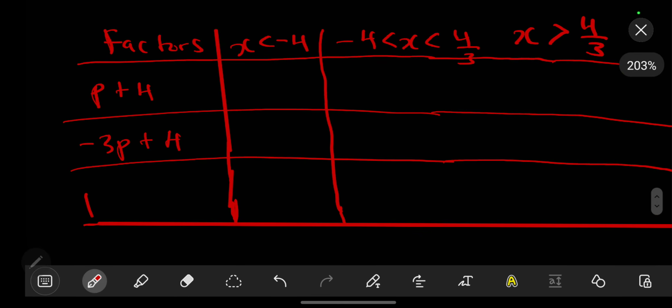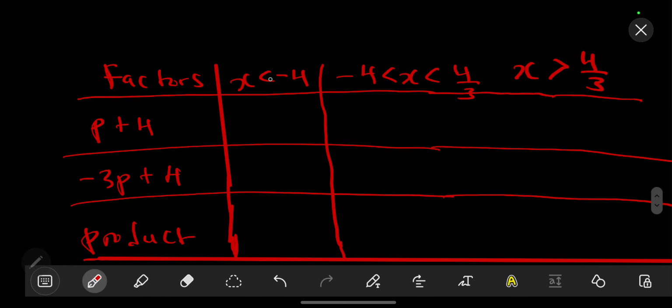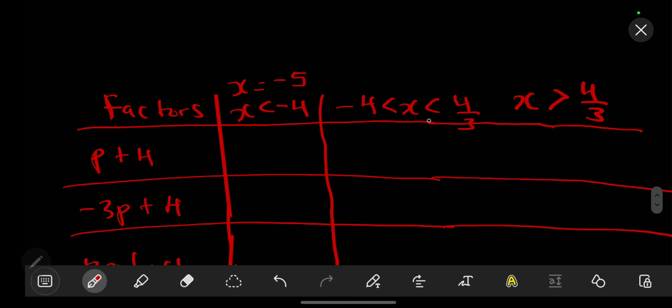Then we have our product. Now if x is less than negative 4, x can be a value such as negative 5, because this value is less than negative 4. In between negative 4 and 4 over 3, where 4 over 3 is approximately equal to 1.33, x here could be negative 3, but for the sake of simplicity I'll use 0.